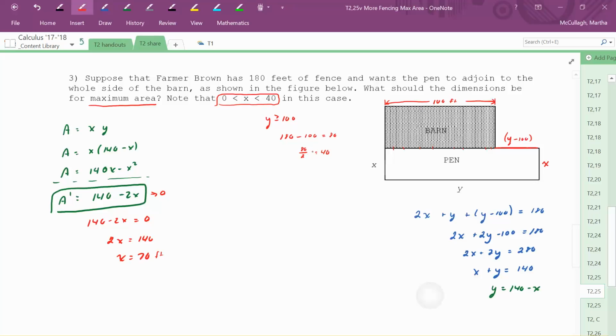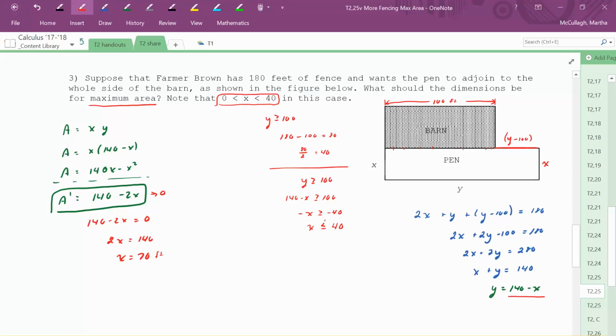Algebraically, we can also say, if y is greater than or equal to 100, and we know from down here that y is equal to 140 minus x, we can solve that. Negative x is less than or equal to negative 40, so x is less than or equal to 40.